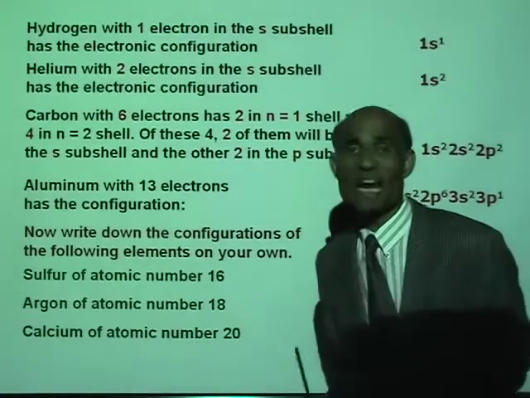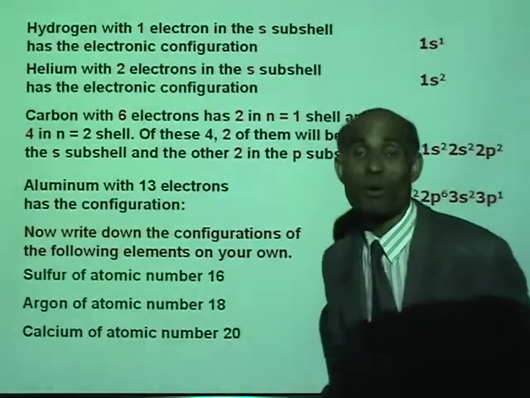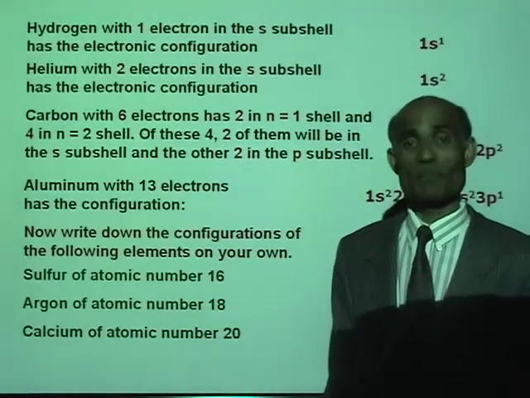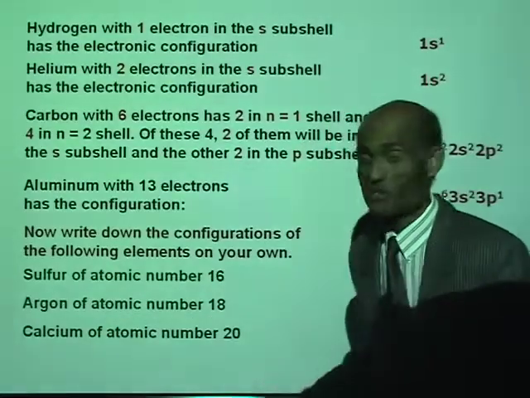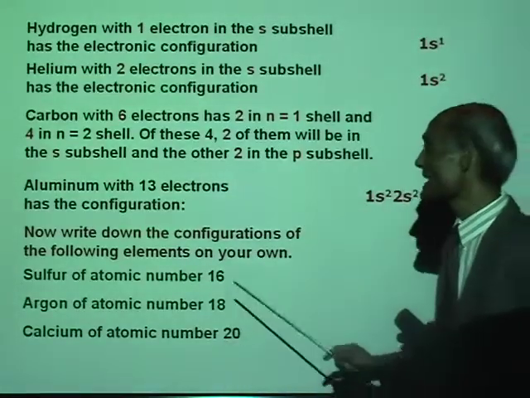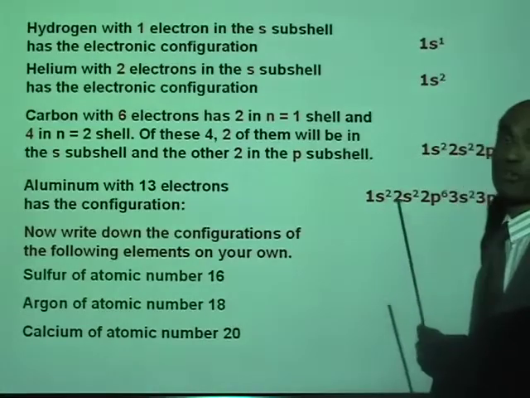If you send that to me, that will be 3 extra credit points. I haven't given you extra credit points for quite some time. It's not mandatory, but if you want to do this, you can earn 3 extra credit points by sending me the electron configurations for these elements.